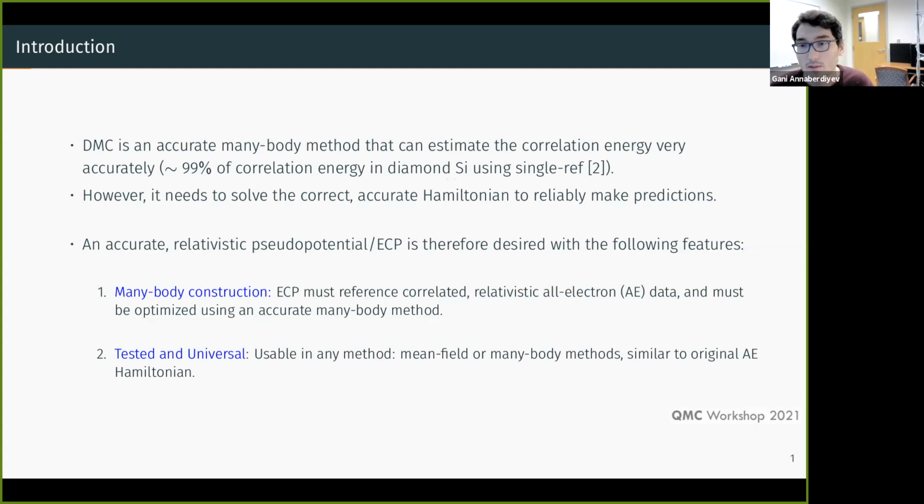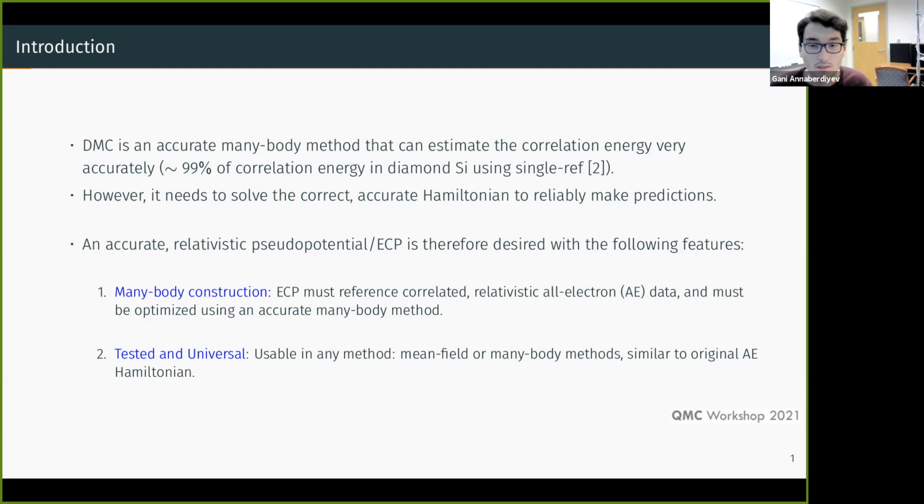So in that sense, an accurate relativistic pseudopotential, or ECP, is highly desired, with some of these properties. First, it has to be constructed in a many-body way. So the ECP must reference the correlated relativistic all-electron data, and the ECP itself has to be optimized using an accurate many-body method.